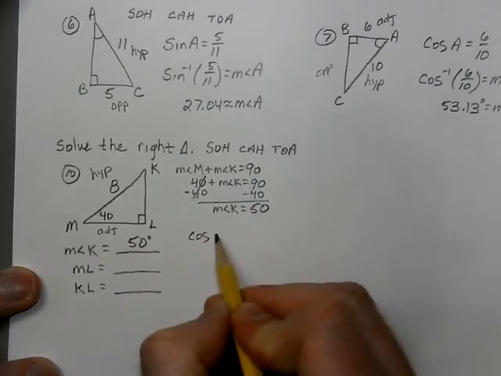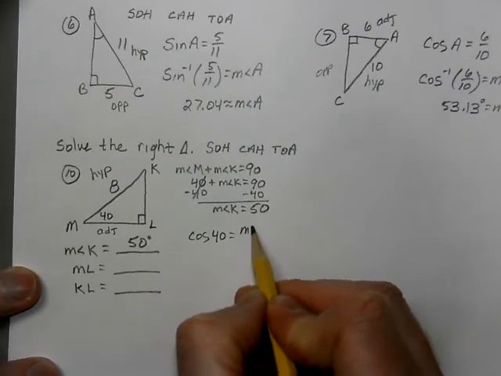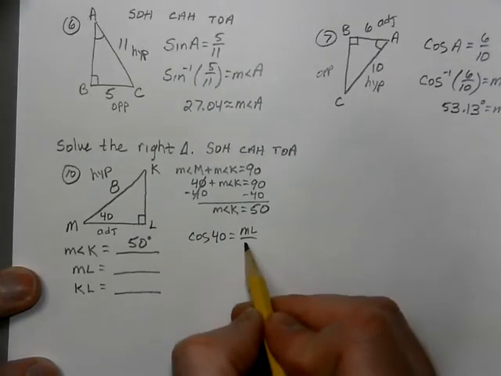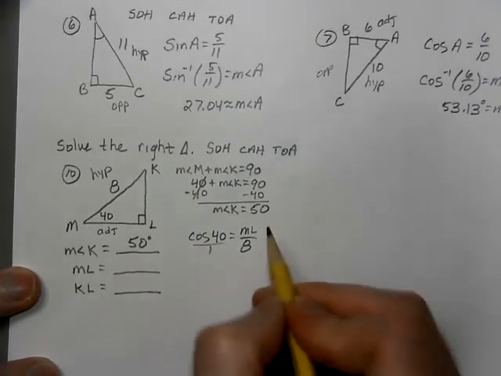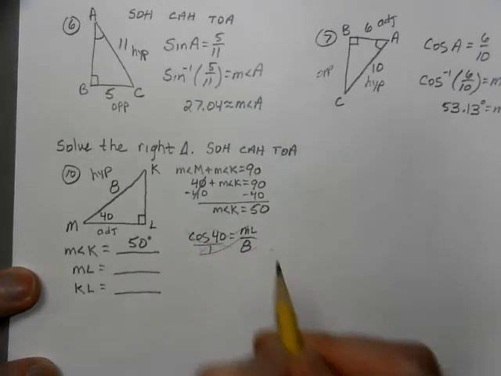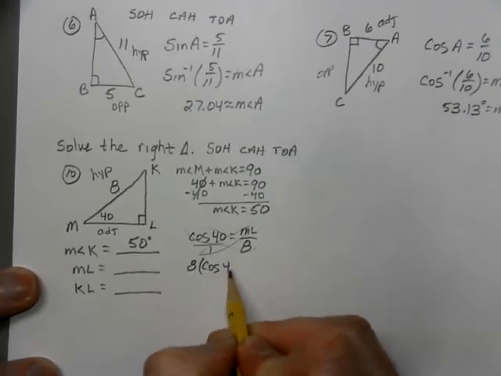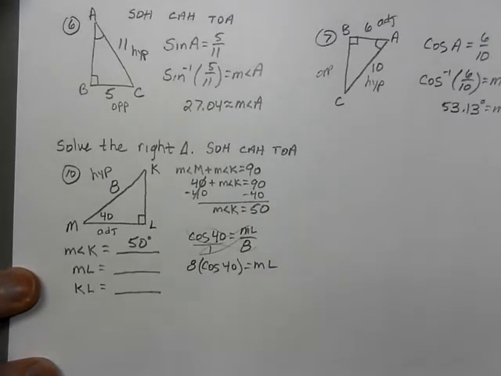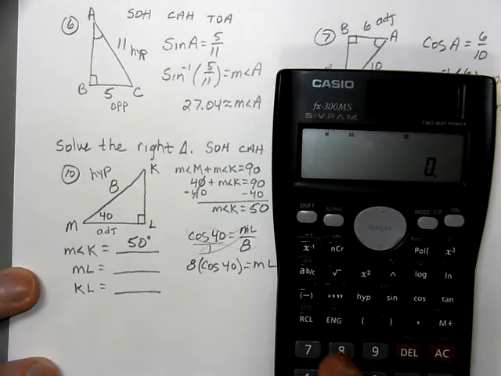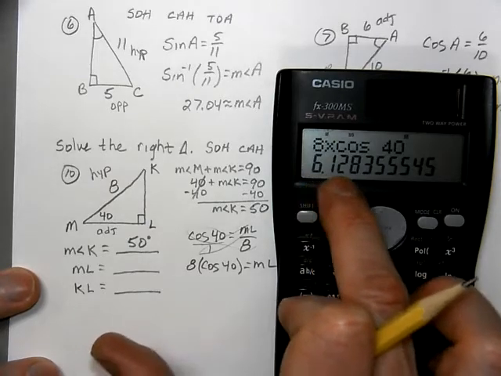We're going to use cosine of 40 degrees equals the adjacent side, which is ML, over the hypotenuse, which is 8. We place the cosine of 40 over 1 because now we're solving for a side. That gives us 8 times the cosine of 40. And when we calculate that out, 8 times the cosine of 40, we're going to get 6.13.